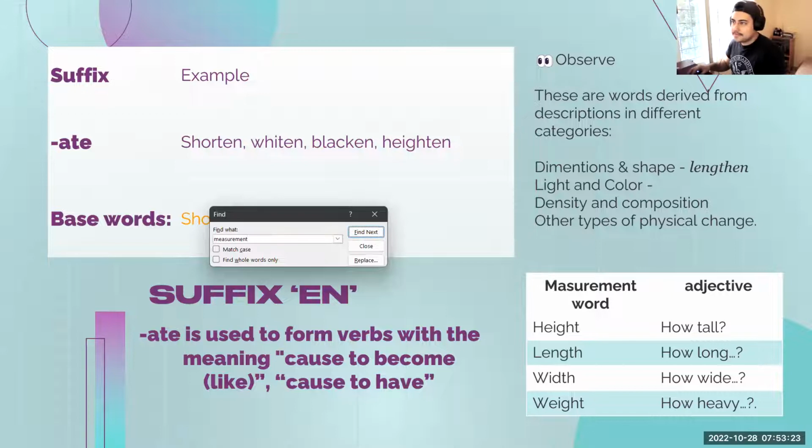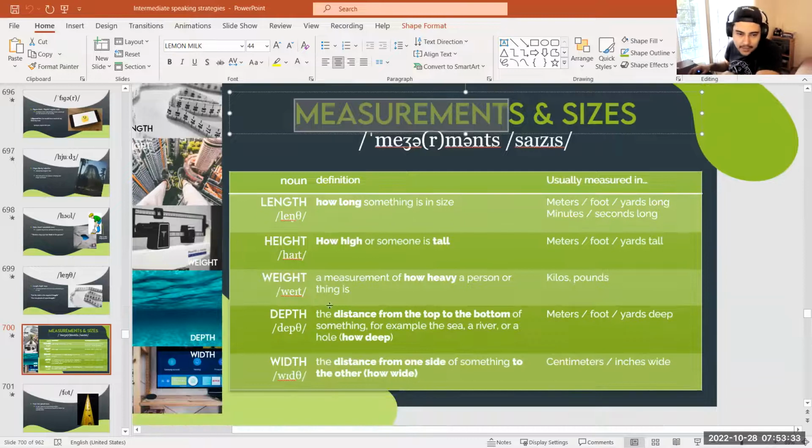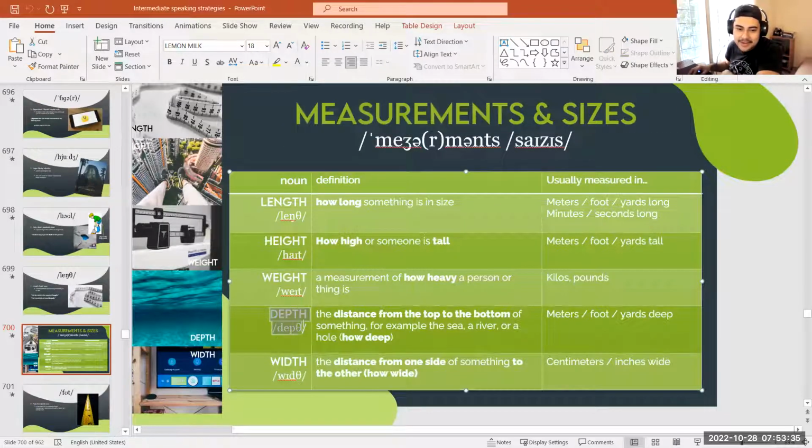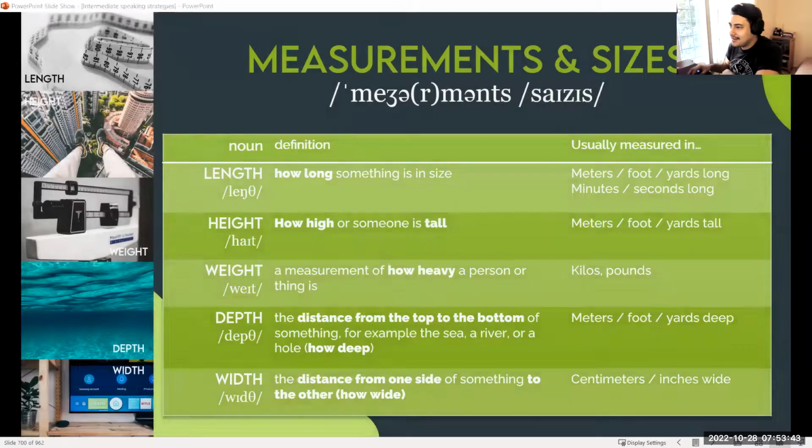Measurements. Length. Height, weight, depth. This is the one I was forgetting. When you are asking how deep. Here you have it, guys. Take notes.